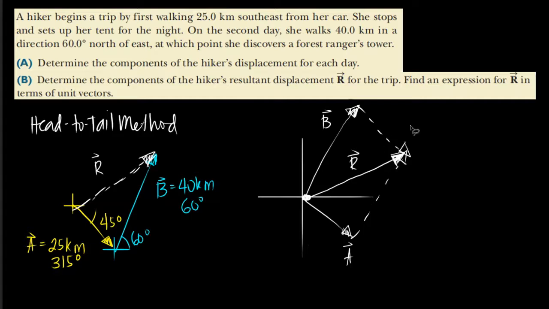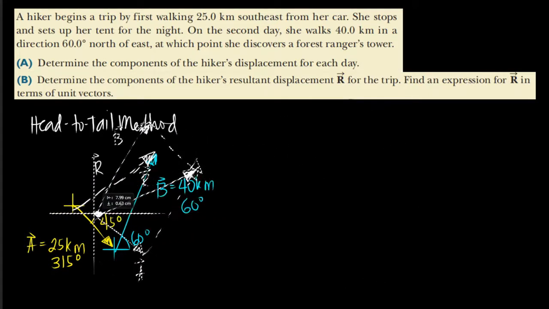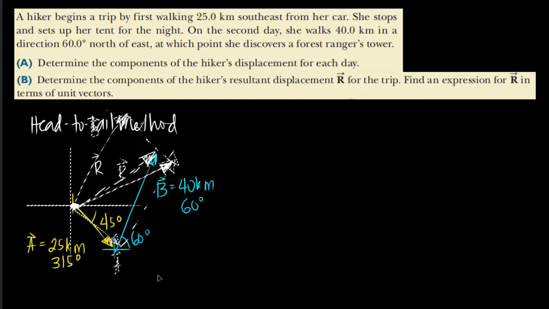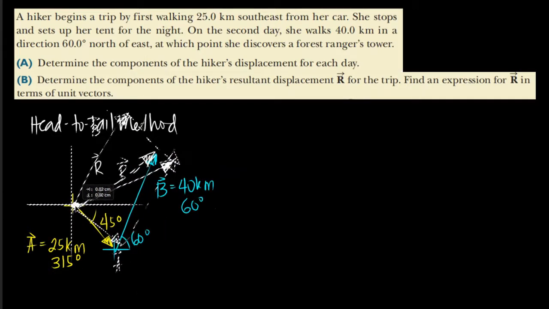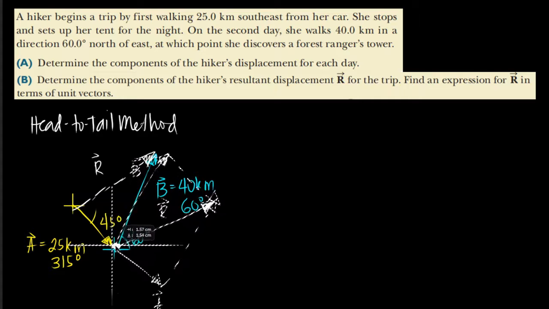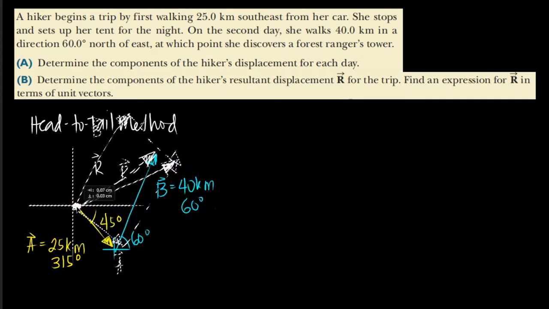It's not obvious, but I'll try my best. Our resultant is somewhat the same as in the head-to-tail method. It's just my drawing. As you can see, my 45 degrees is a bit off, and my 60 degrees is also off, so my resultant is a bit crooked, but otherwise it's the same thing.